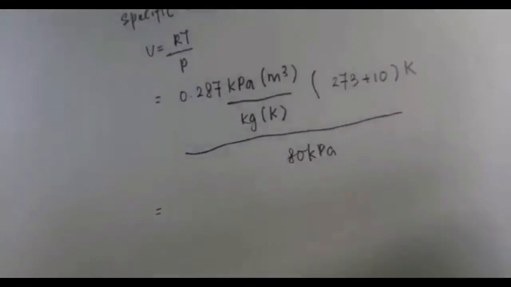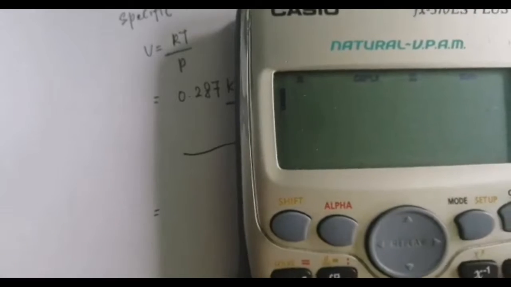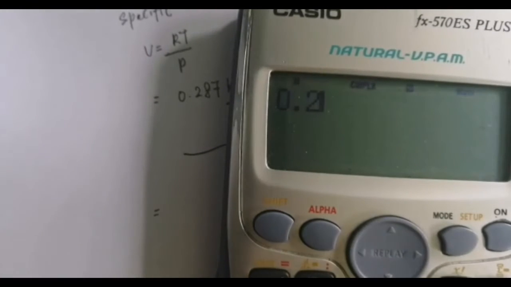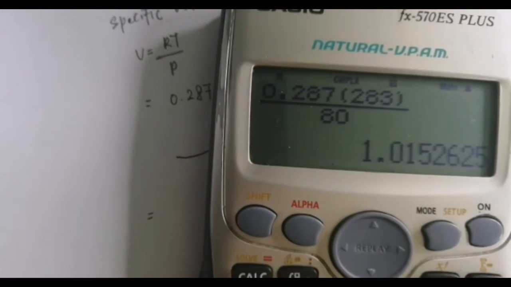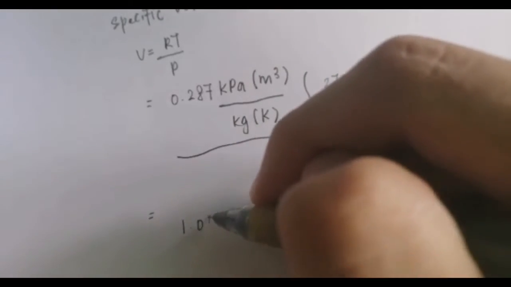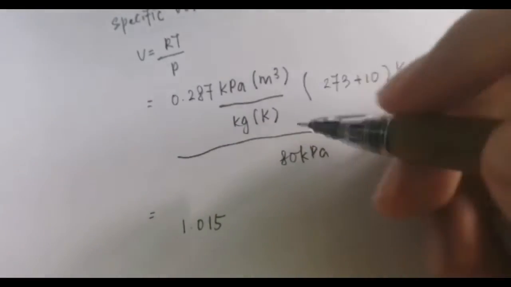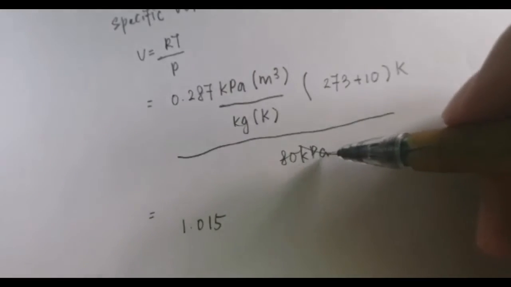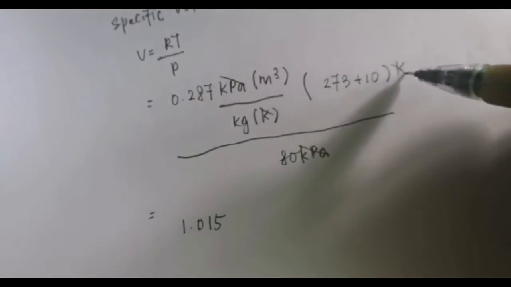Okay, we're using the calculator. 0.287 times 283 divided by 80, and we get 1.015. Now we check the unit. We can simplify the units, kilopascal and Kelvin as well.